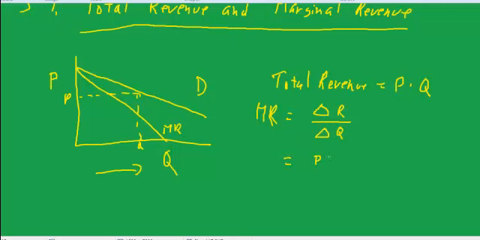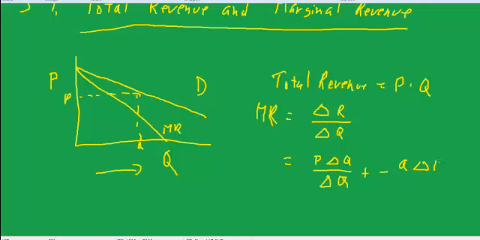For a small change, you get the price of the new unit of output, but you also get a negative component, which is all the quantity that you've sold before, because everybody gets the same price.